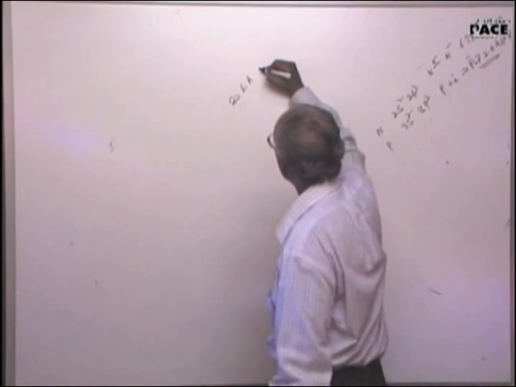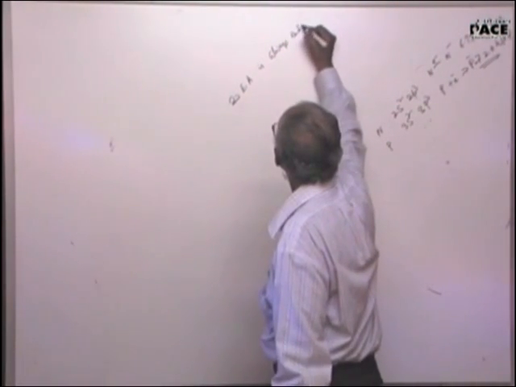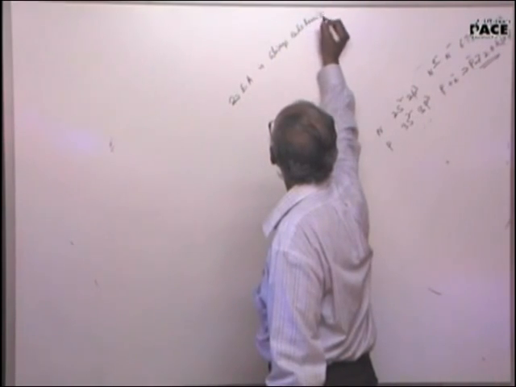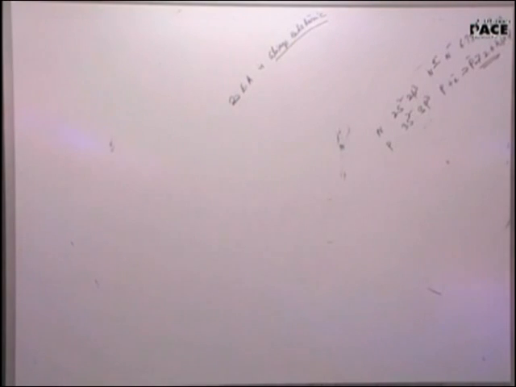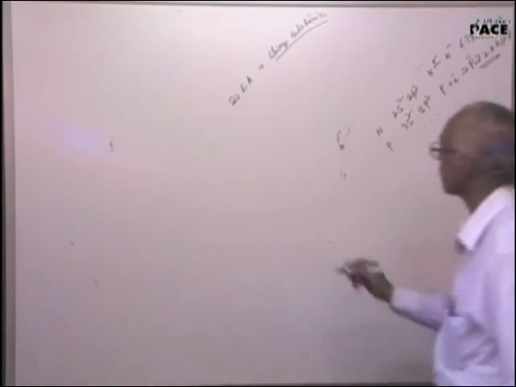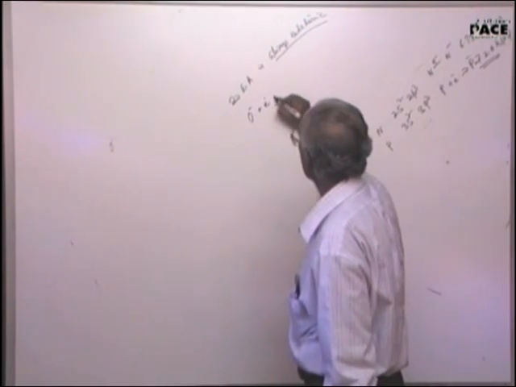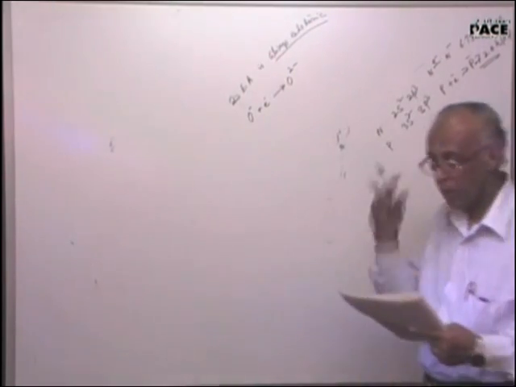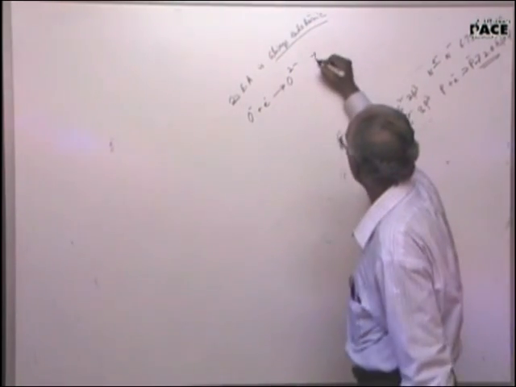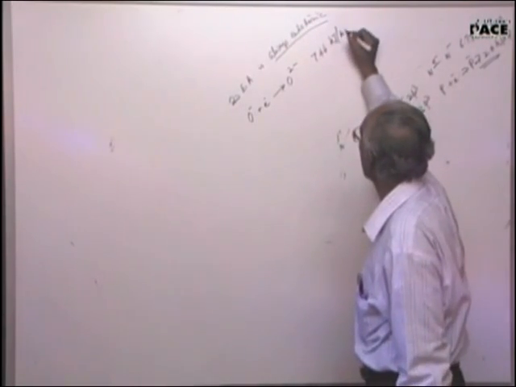Okay, sir. Second electron affinity is always endothermic. Here also you see the difference. O minus plus electron gives O2 minus, and 744 kilojoule per mole of energy is absorbed.